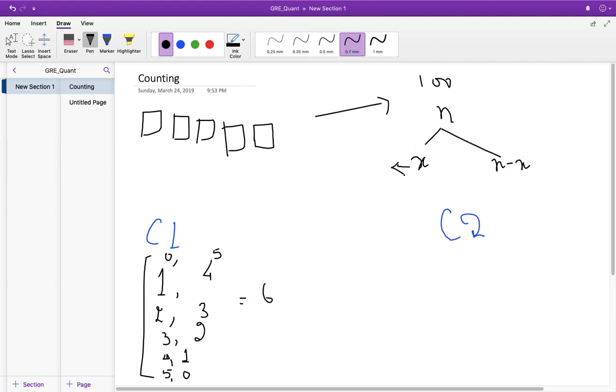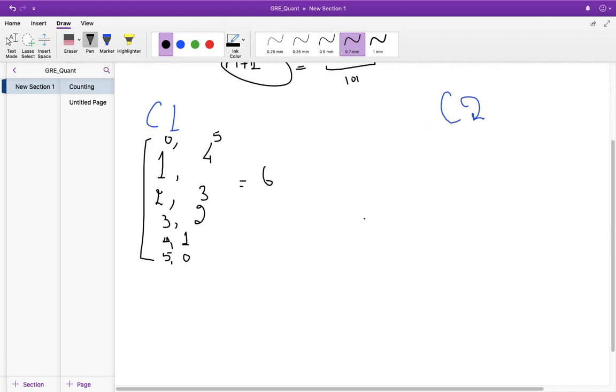Since x can go from 0 to 100, this comes out to be 101 ways, which is n plus 1 ways. So in general, the answer to this problem given n is n plus 1, which holds true for 5, giving 5 plus 1. This was an easier problem that we went through.